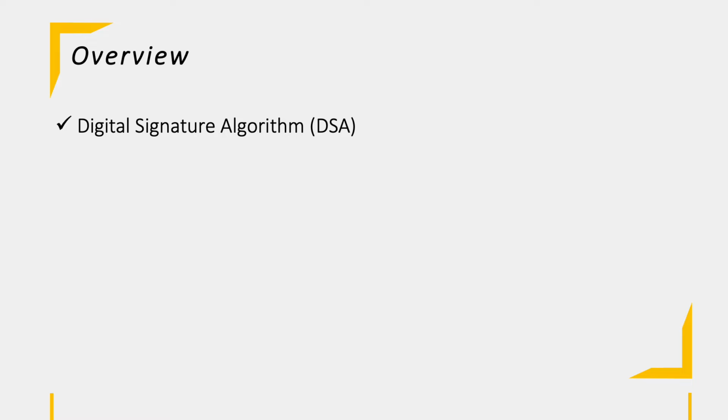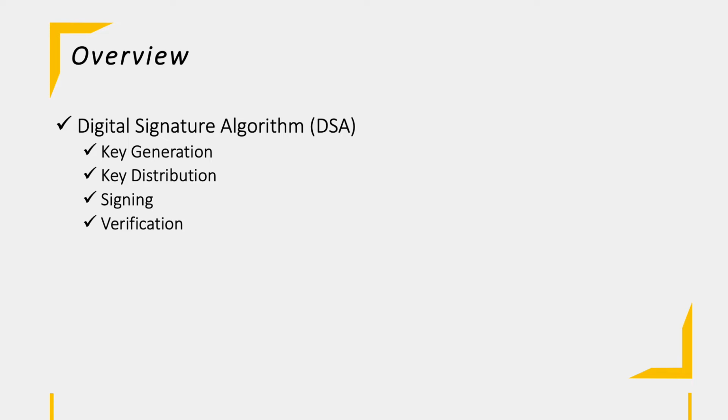If you need more background information about asymmetric encryption systems, feel free to review the previous videos. In this session, we will get an overview of DSA and its four operations, which are key generation, key distribution, signing, and lastly verification.